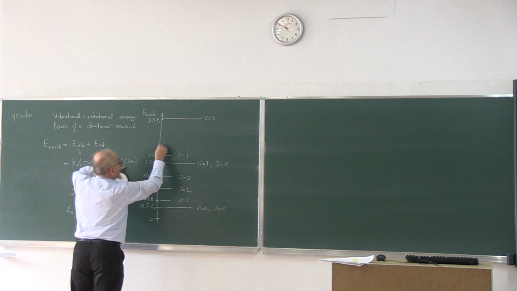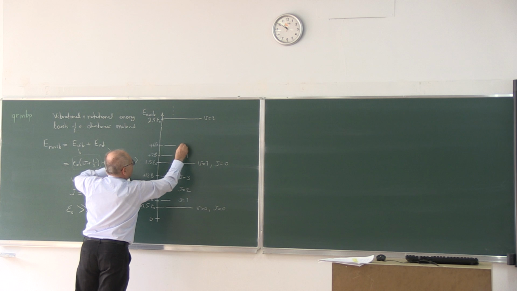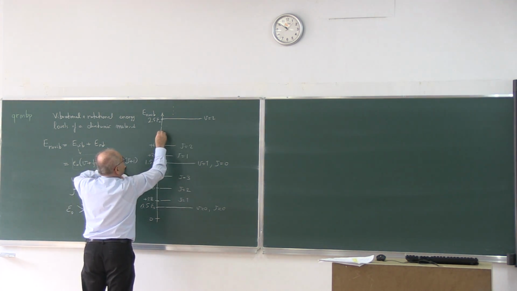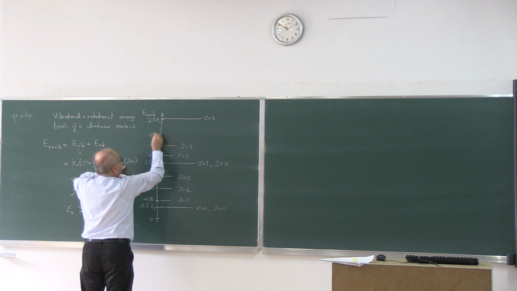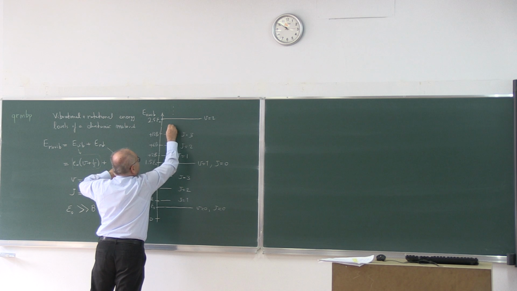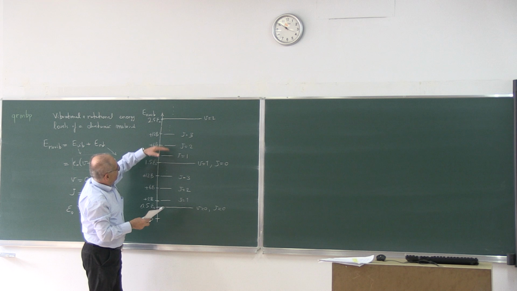The next value, similar to this one, plus 6B, J equals 2. The next one, plus 12B. This is J equals 3. And then it goes on.